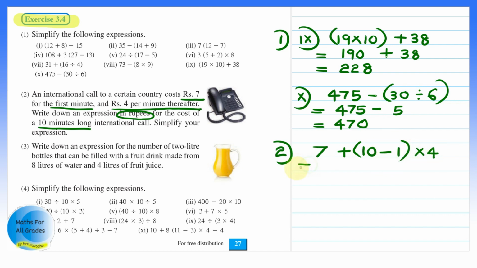Now this is the expression. Let's solve it. 10 minus 1 equals 9. 9 times 4 equals 36. 36 plus 7 equals 43. Now this is the total cost of this 10 minute long international call. Let's write that down.